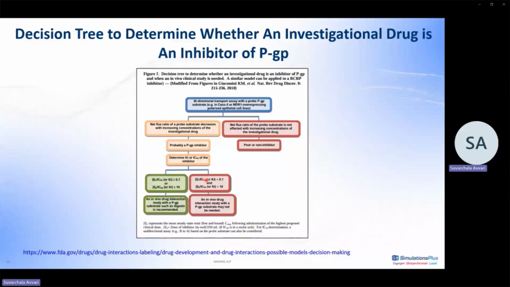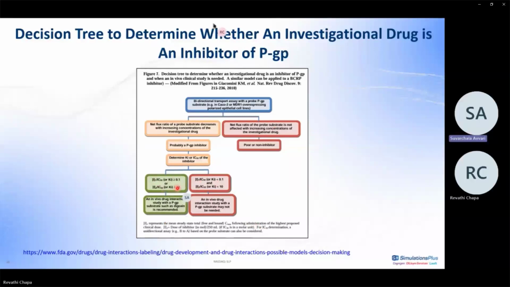And if these conditions are not met, like I1 over IC50 or Ki less than 0.1 and I2 over IC50 or Ki less than 10, then the in vivo drug interaction study with a sensitive P-gp substrate may not be needed. But if the conditions are met, then an in vivo drug interaction study with a P-gp substrate such as digoxin is recommended.